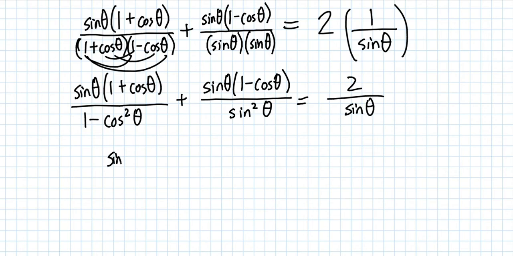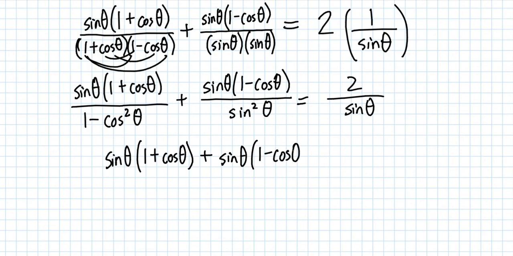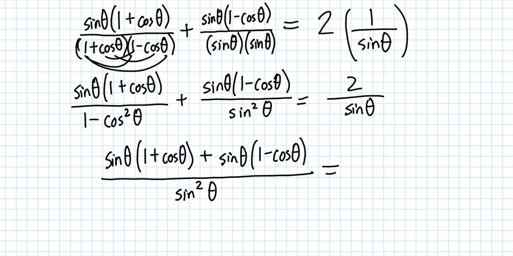We have sine theta, 1 plus cosine theta, plus sine theta, then in brackets 1 minus cosine theta, and that's all over, again, because we know that they're the same, sine squared theta, okay? And that equals 2 over sine theta. Okay?